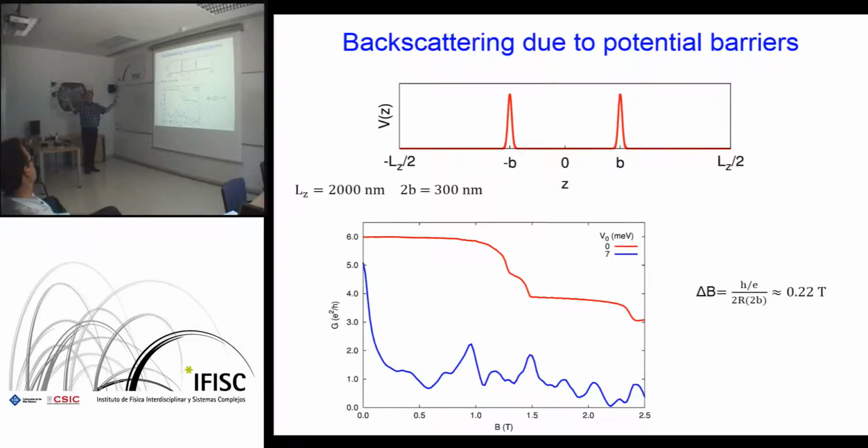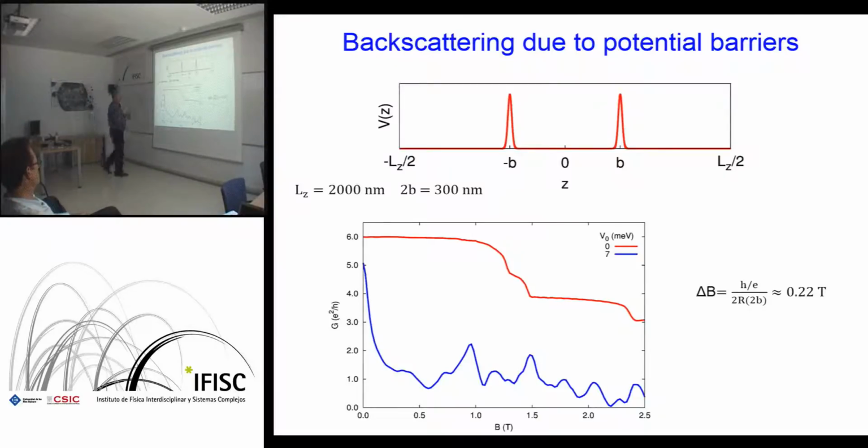Now, increasing the length of the nanowire, the magnetic barrier, which is still present, is having less and less influence, because the oscillations would scale with the length and they would vanish. But now, with the potentials, we would have oscillations approximately corresponding to the length between the barriers.